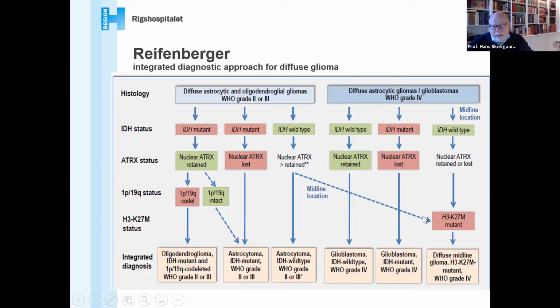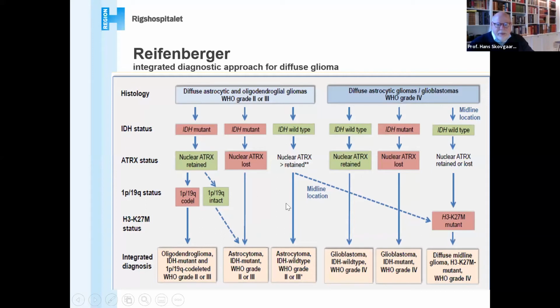And then there is this very important thing, and that is that when they have a mutant H3 K27M, a number of the tumors which were classified as grade 1 and grade 2 and 3 earlier, but they had a very bad prognosis, it looks like they have this mutation that you have to classify them as a grade 4 and handle them like that.